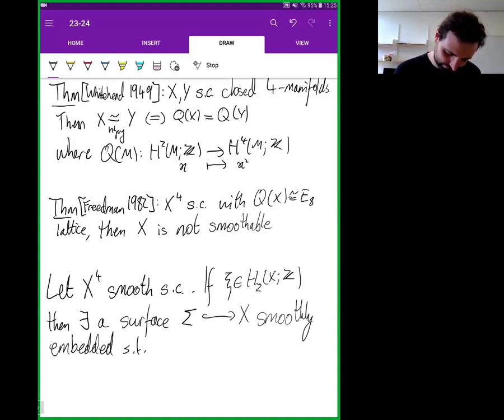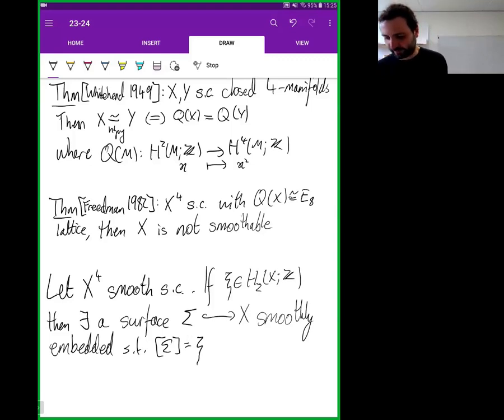So the fundamental class of sigma, when you push it forward, is exactly the homology class you first thought of.